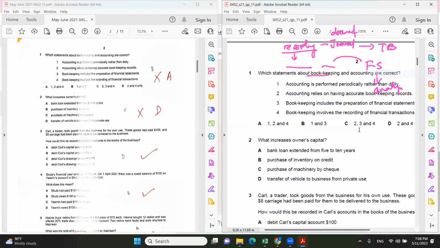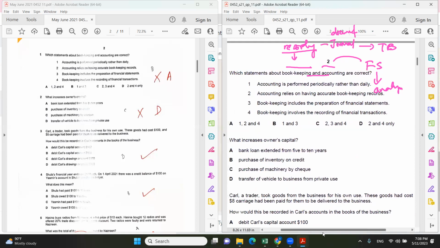But bookkeepers do daily work because when you have a sales transaction, you have to do the recording. Next, this is periodical, this is correct. Accounting relies heavily on accuracy, yes, because they are taking the recording from the bookkeeper to prepare the financial statements. So this one is also correct.